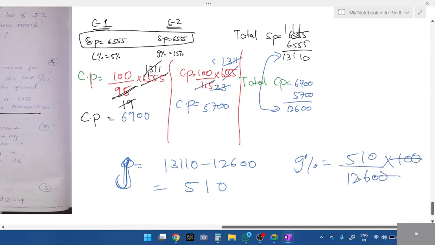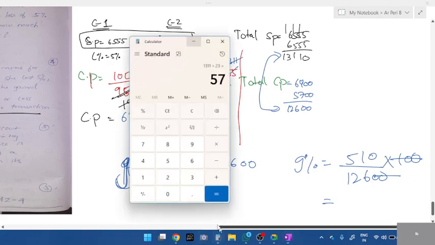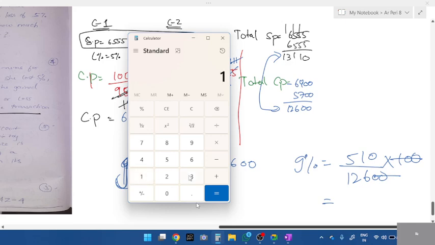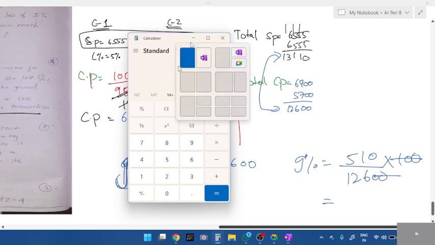How many times 126 goes in 510, students? I think you get in decimal, right? You should get it in decimal, students.